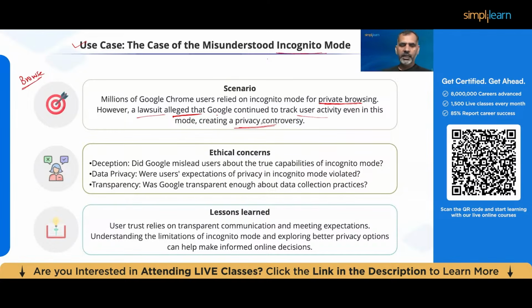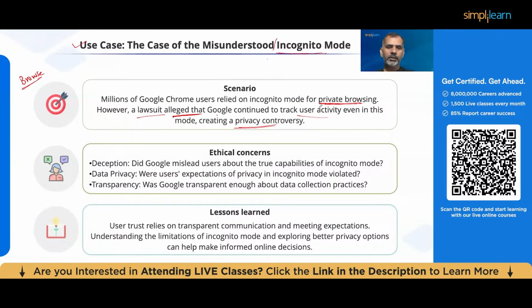So there was a challenge given to Google that even in incognito mode, you are tracking user activities, like what kind of browsing is being done and from where. Even though we were relying on the belief that in incognito mode my private information is not being shared with anyone else.